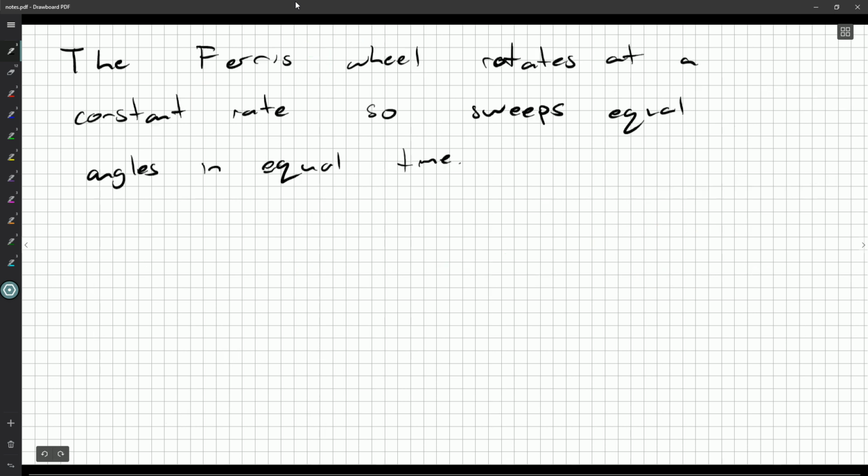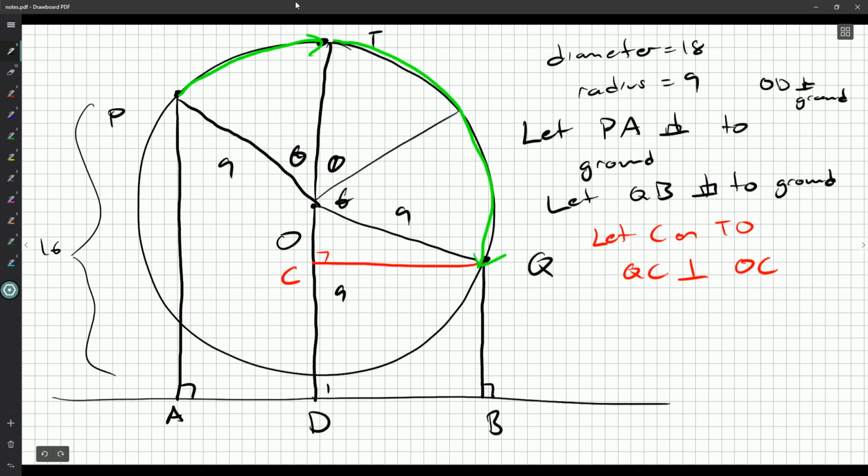So what we can conclude is TOQ is twice theta, where theta is POT, because it takes twice the time to get twice the angle. So we'll put a little 2 theta here. We also have got a 9 up here as well.